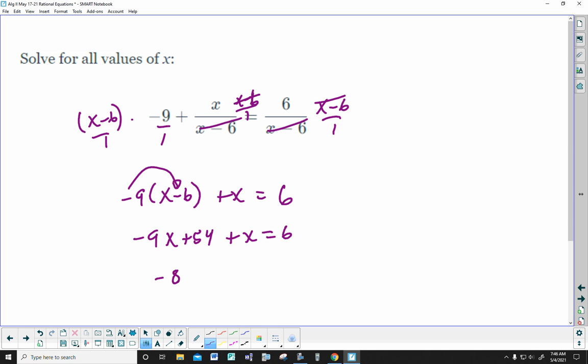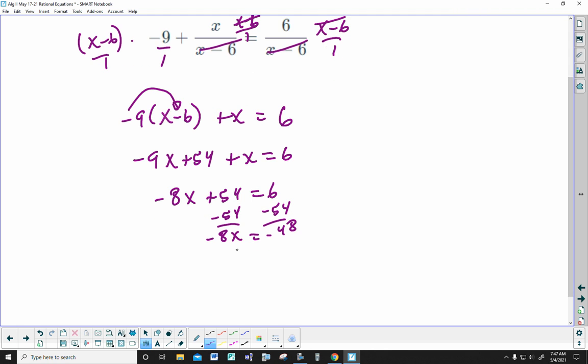Collect like terms. Subtract the 54 from both sides. So you get negative 8 is equal to, so would that be 48, negative 48? Hey, it looks like this one's not going to work either.